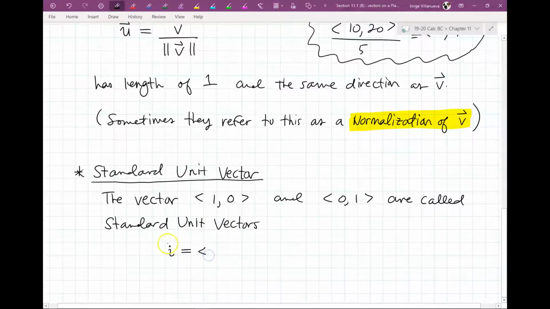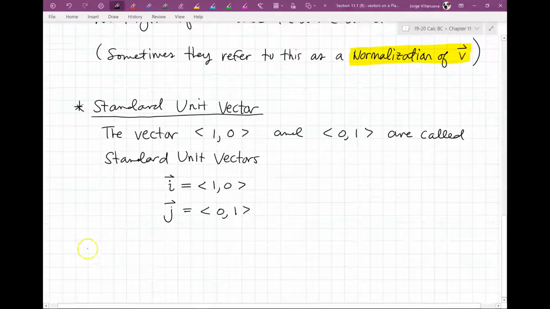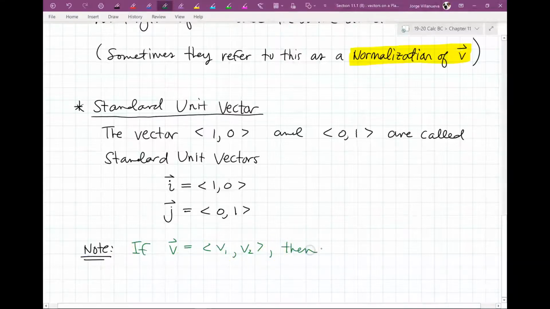I is 1, 0 and J is 0, 1. Some people think of it as the X component and the Y component, okay? I and J. So let me put right here, note, if vector V is V sub 1, V sub 2, then vector V, we can rewrite it like this.